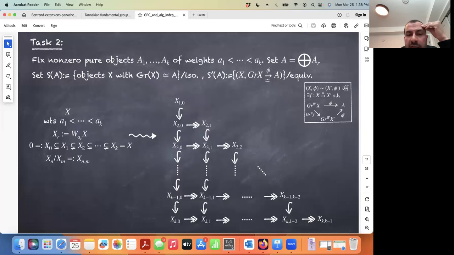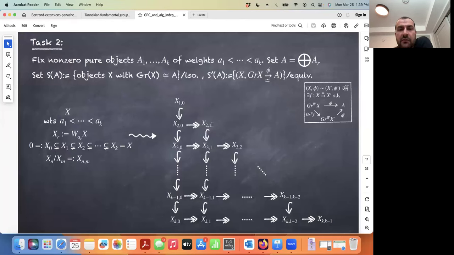And they all fit together in a diagram like this. So what are these ones? You're modding out by X0, that's 0. So this is just X1, this is X2, X3. The vertical maps are all the natural inclusions. So this is X1 sitting in X2, and so on and so forth. This last one is Xk, which is just X. And then the horizontal ones are all the natural quotient maps.